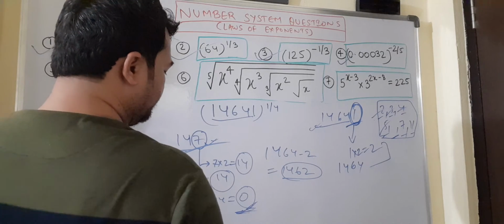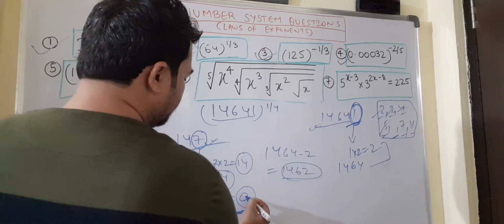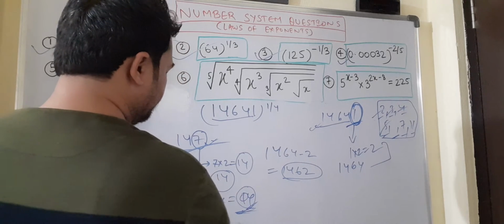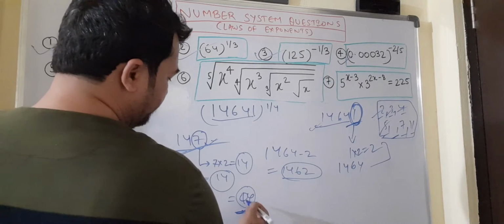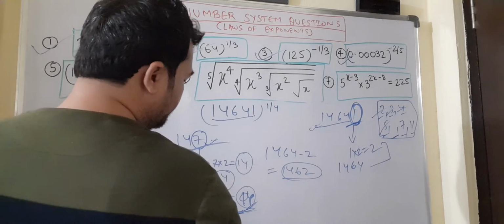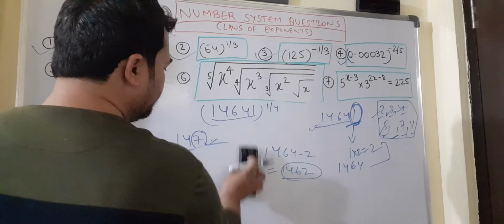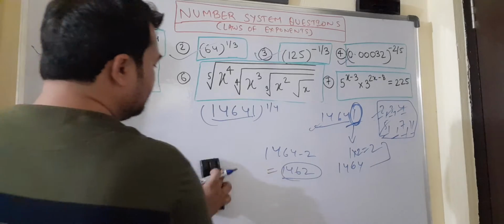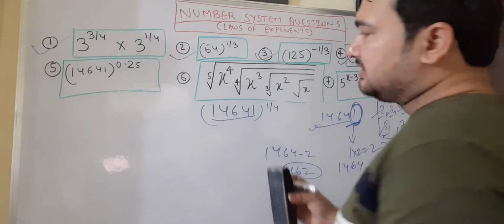If it was not 0, if it was something else, suppose 14, the numbers were some different numbers and you get 14, which is divisible by 7, so the number was also divisible by 7. So either the difference should be divisible by 7 or the difference should be 0.